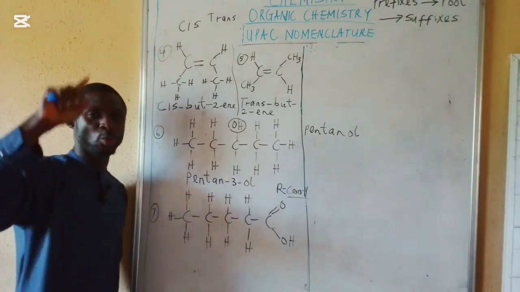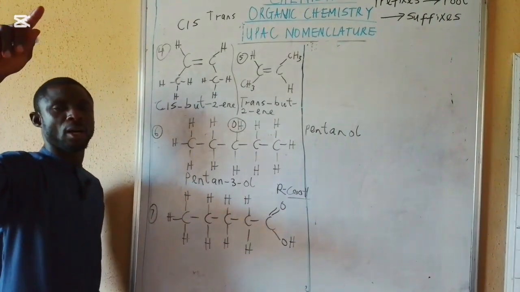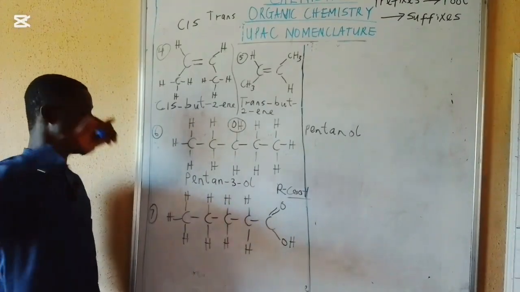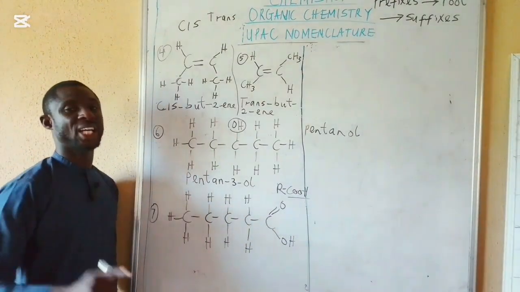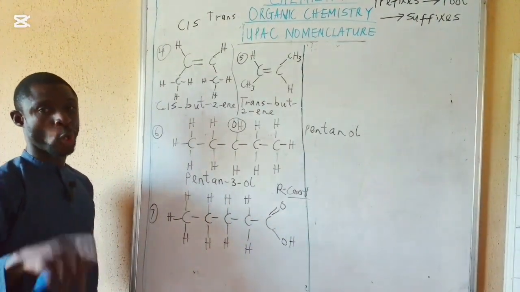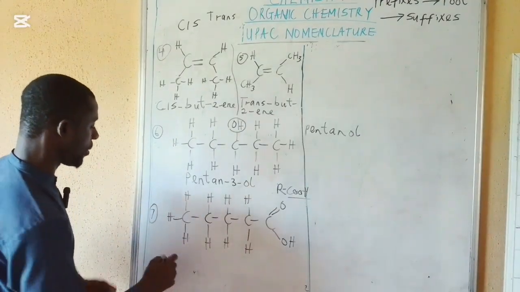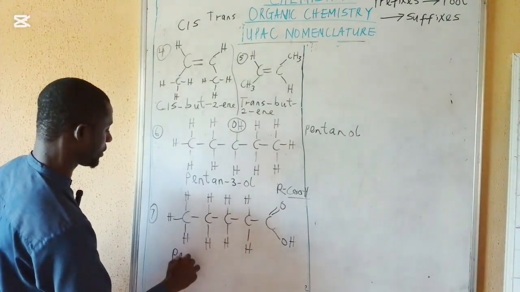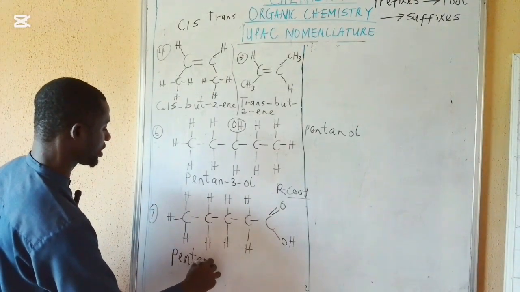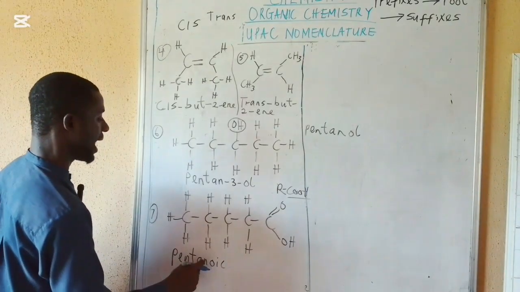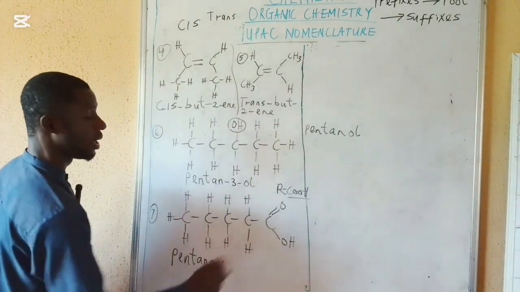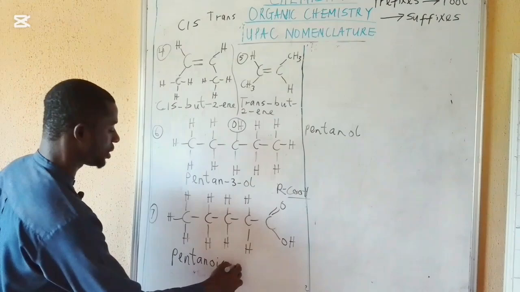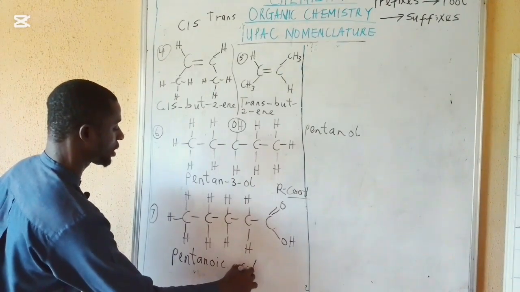We go and look at the suffix of that family, and this family is alkanoic acid, and the suffix is oic acid. So this now becomes pentanoic acid, because the E in the alkane is removed and the suffix of that family is added to it.